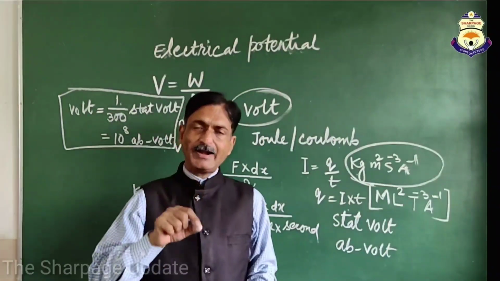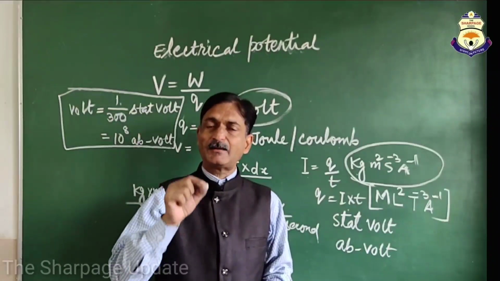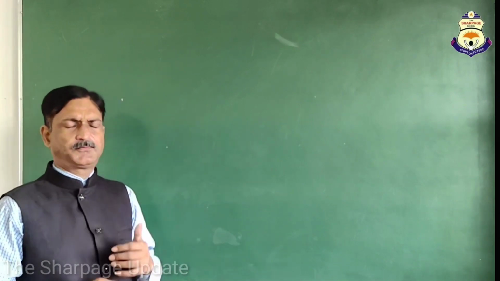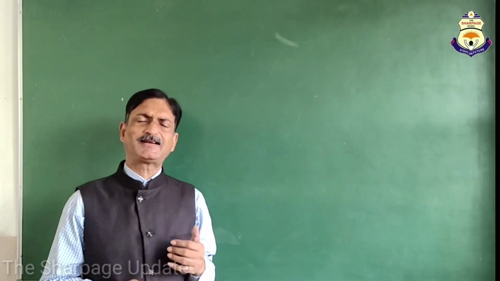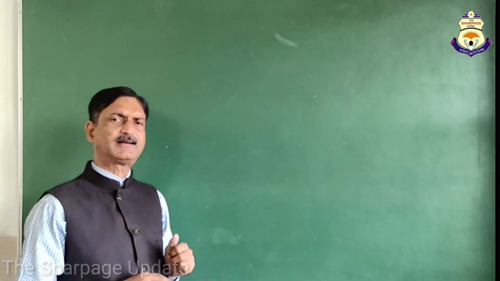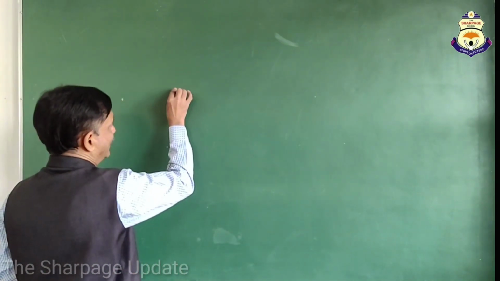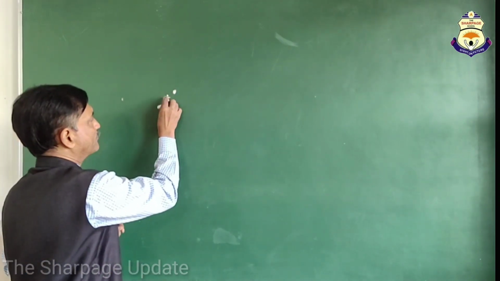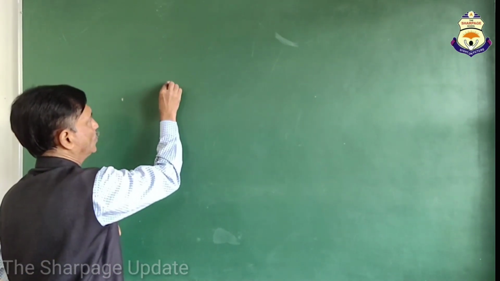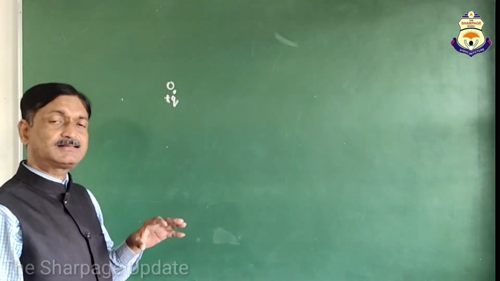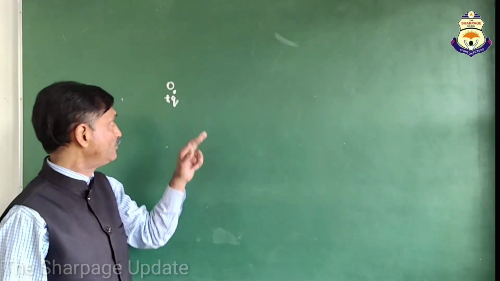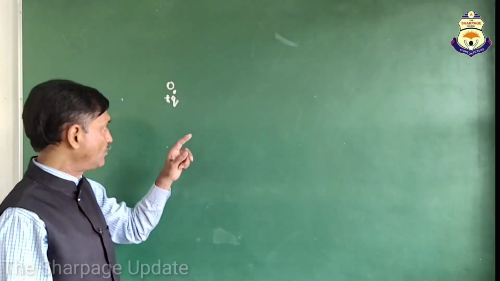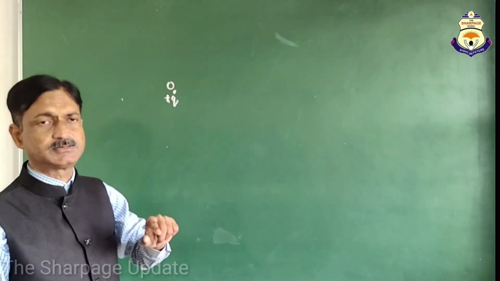Now, I am finding the expression for electric potential at a point inside an electric field. For finding this expression, let a point charge plus Q be placed at point O, and the electric field due to this positive charge will be the area surrounding this charge.